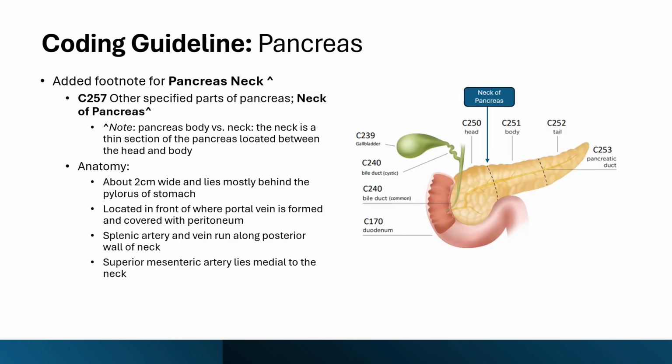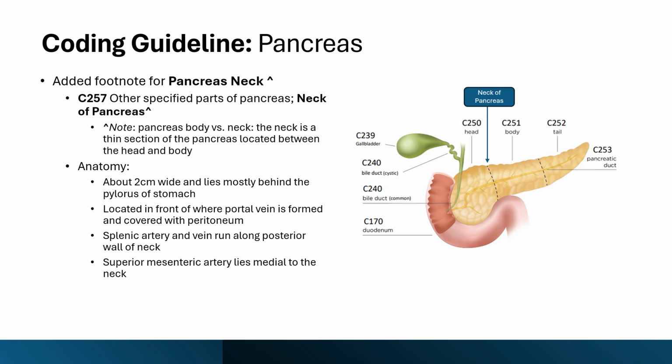A footnote was added for pancreas neck, this little caret here that is in bold for coding primary site C25.7, which is other specified parts of pancreas. This includes neck of pancreas. The new note we have here is pancreas body versus neck, letting us know the location of the neck is between the head and the body, which is where I have our little box here and our arrow showing this area where it sits. It's about 2 centimeters wide.